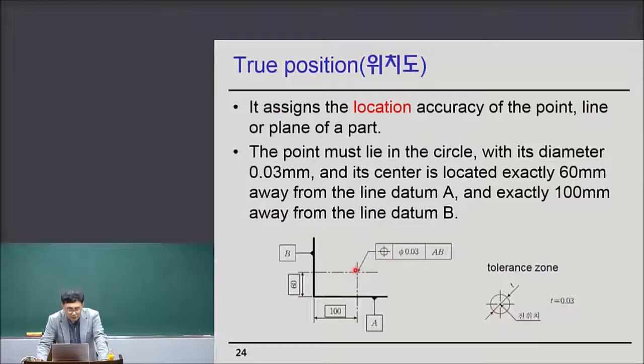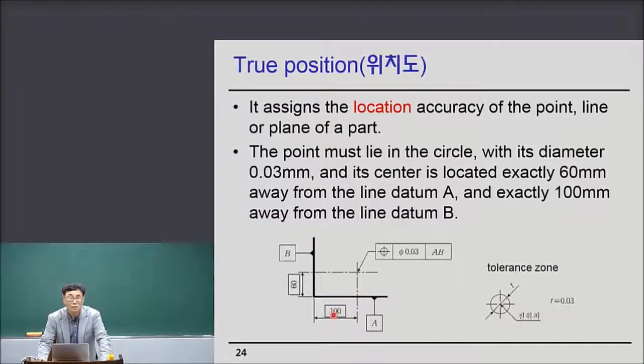The center of the circle whose diameter is 0.03 millimeter is located exactly 60 millimeter away from the line datum A. So this is datum A. The 60, which is enclosed in the rectangular shape, means the true position, the very exact distance of 60 from the datum A. And exactly 100 millimeter away from the line datum B. Datum B, 100 away.